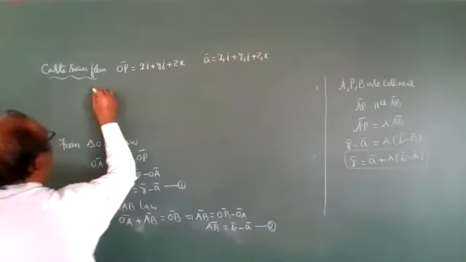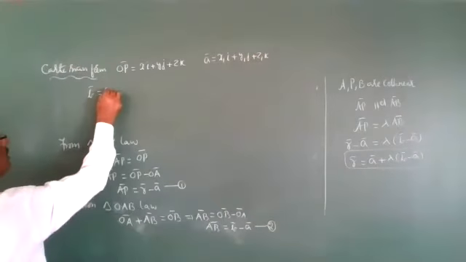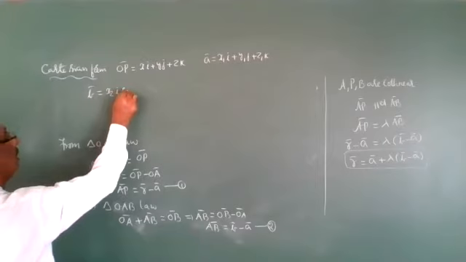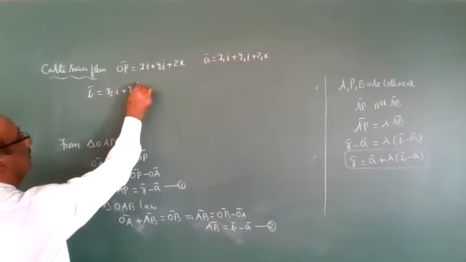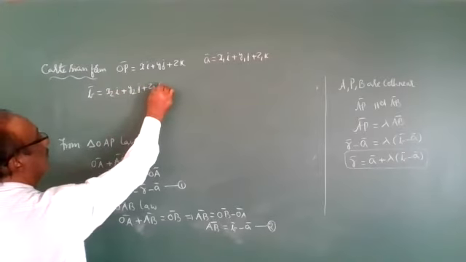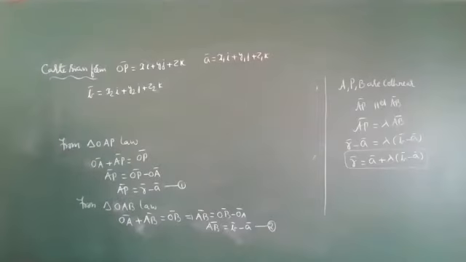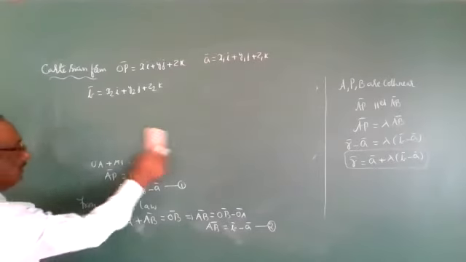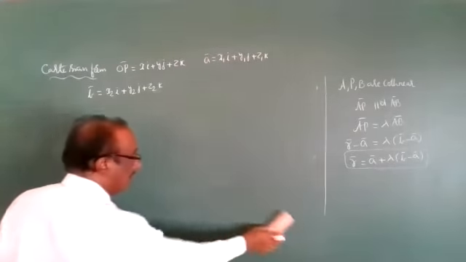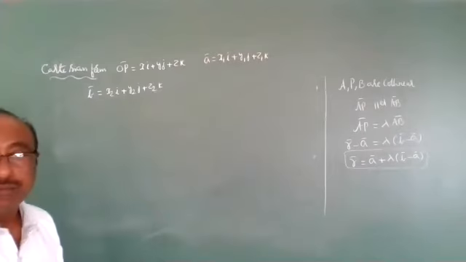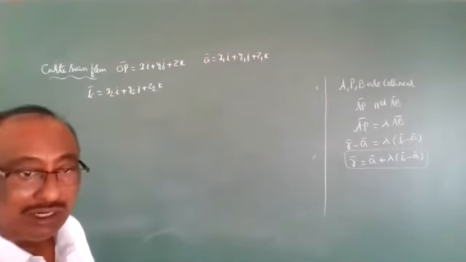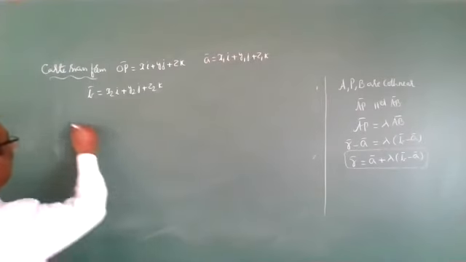B bar vector is x2i plus y2j plus z2k. First write down the vector form and convert it into coordinate geometry form.